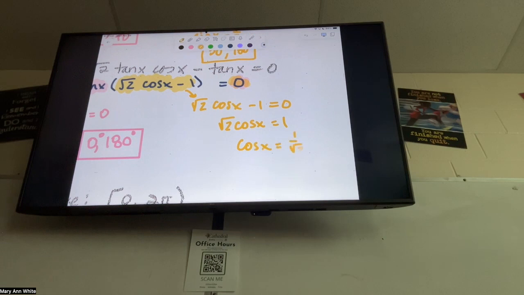You can leave it as 1 over root 2, or if it makes you happy to rationalize, go all the way to root 2 over 2. Now we ask ourselves, where do we have a cosine of root 2 over 2? Alea's right, at 45. The bottom one, what's my 45-degree angle in the 4th quadrant? 315. Good.